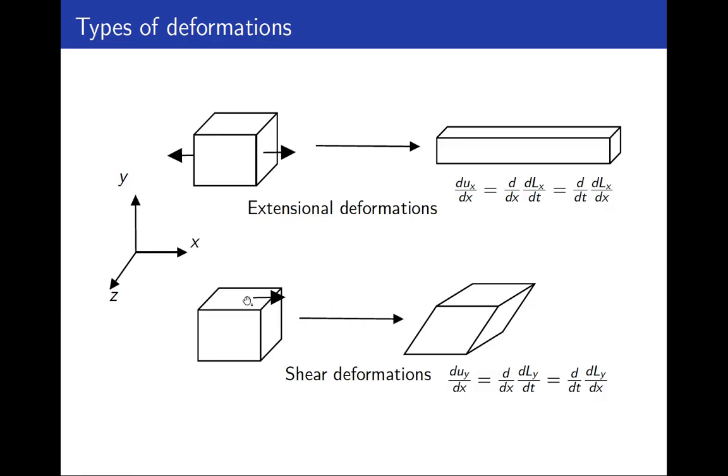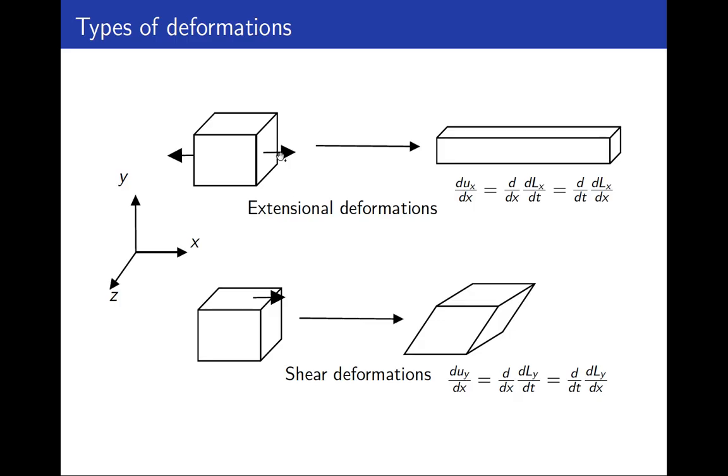And the force that we are applying over here is known as shear stress, which is the force applied over a fluid to deform the material. For the extensional deformations, we have an extensional force, but here we have a shear force, or a shear stress, because stress is defined as the force applied over a surface, over an area of a fluid material.